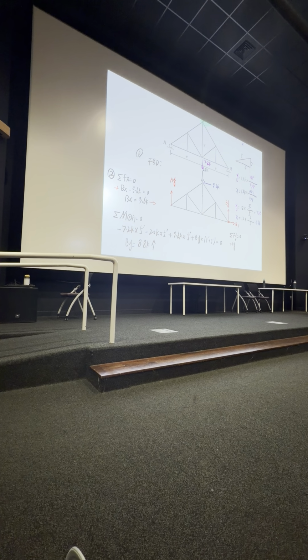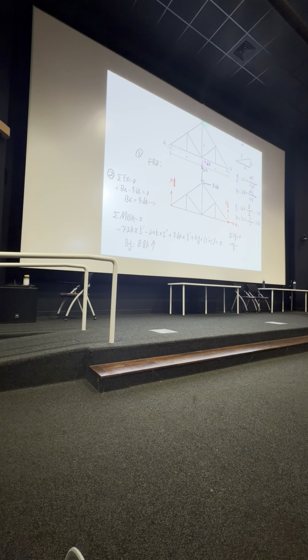And the final equation, sigma Fy equals 0: the sum of all forces in the y direction equals 0. So you have positive Ay, and this 7.2K going downwards and 20K going downwards, so negative 7.2K and negative 20K.